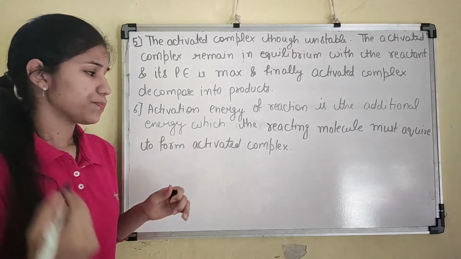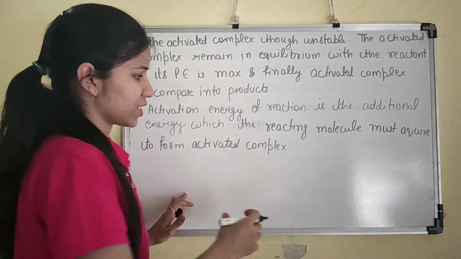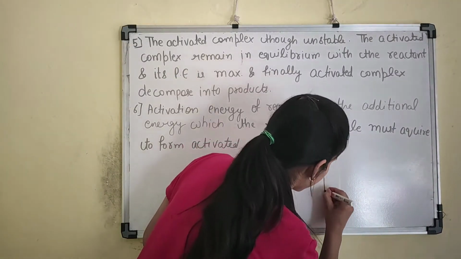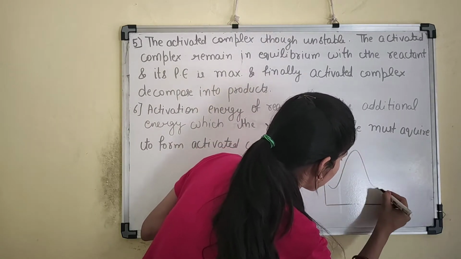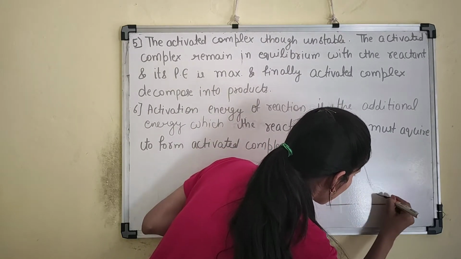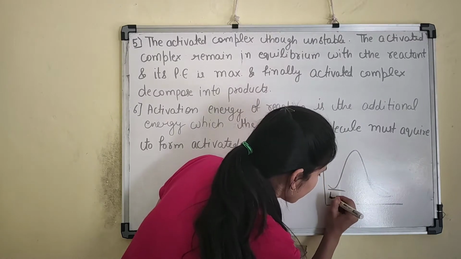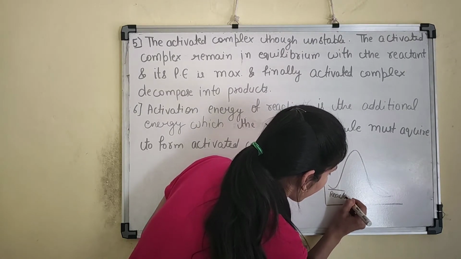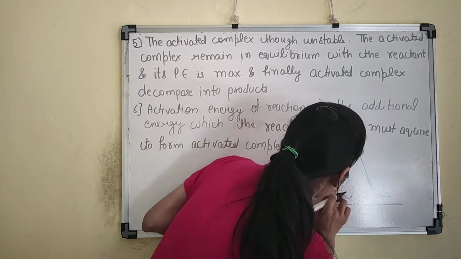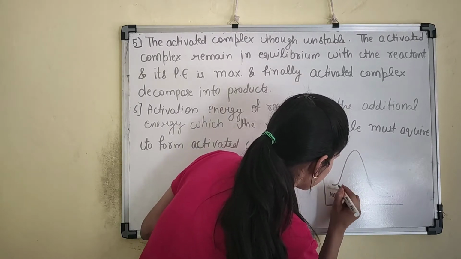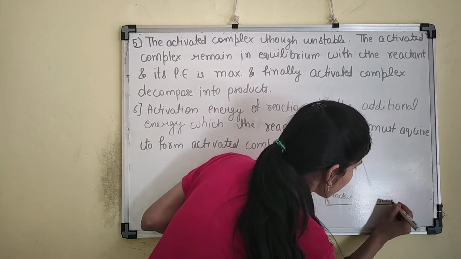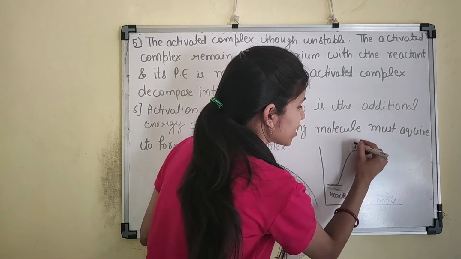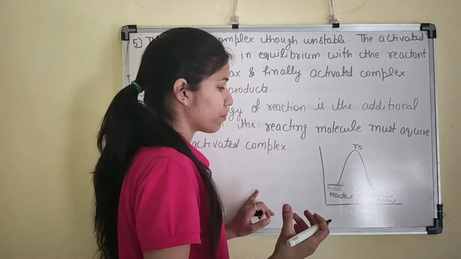Now we derive the equation. For a reaction, the reactants are present here, and the products are formed from there, and this is called the transition state or activated complex.